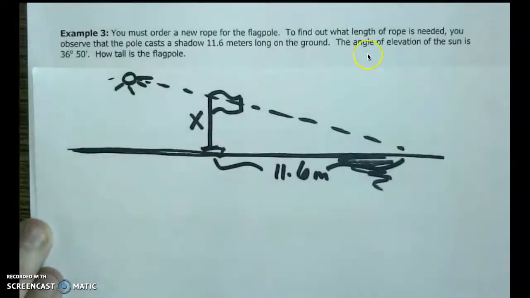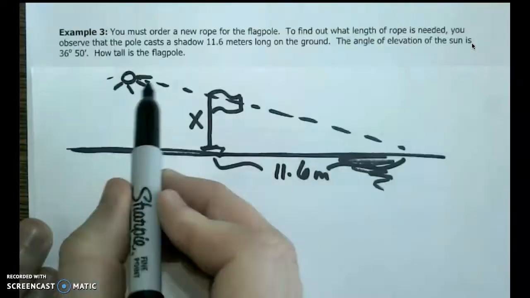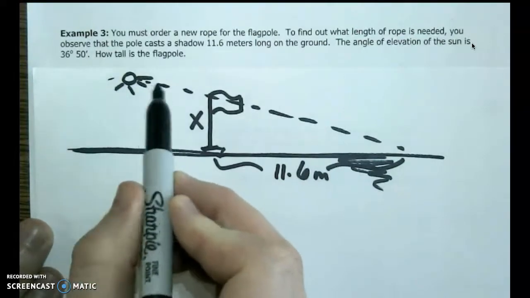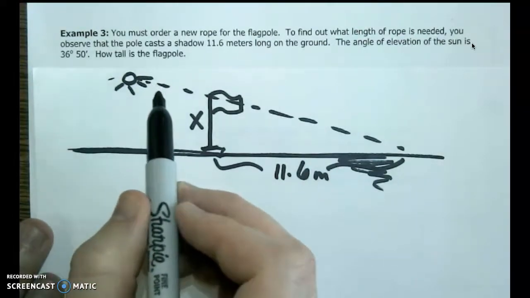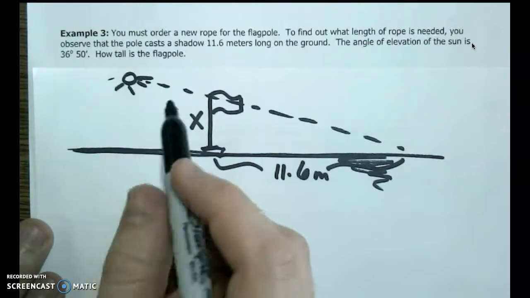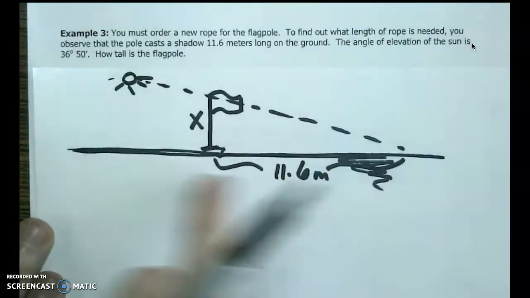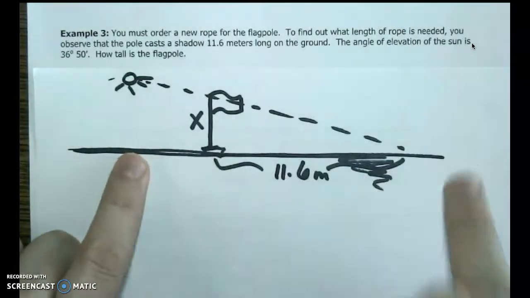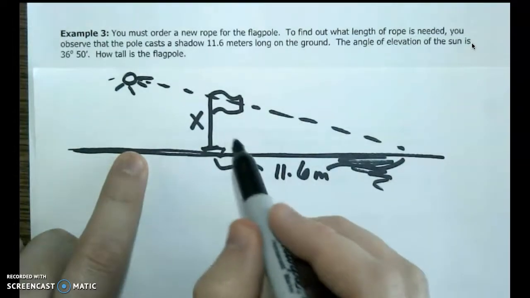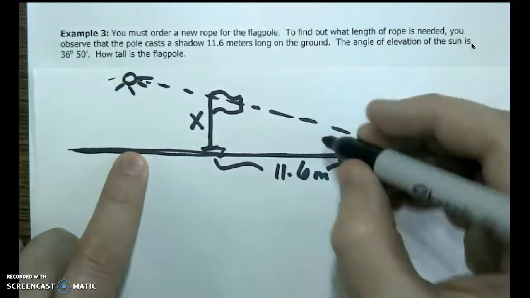And then it says the angle of elevation of the sun. Typically, a lot of people will want to put that angle up here somewhere because that's where the sun is. But angle of elevation is from a horizontal line up. So we look for our horizontal line. That's this line. It's not going to be this angle because that's 90. It has to be this angle.